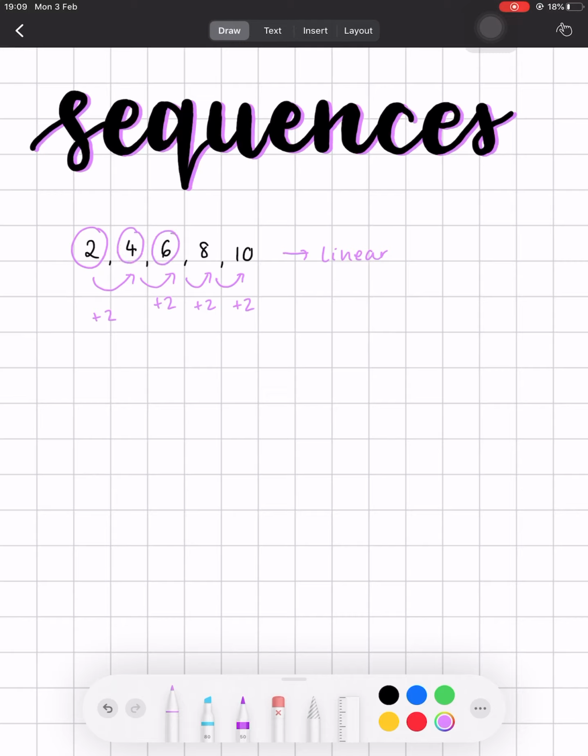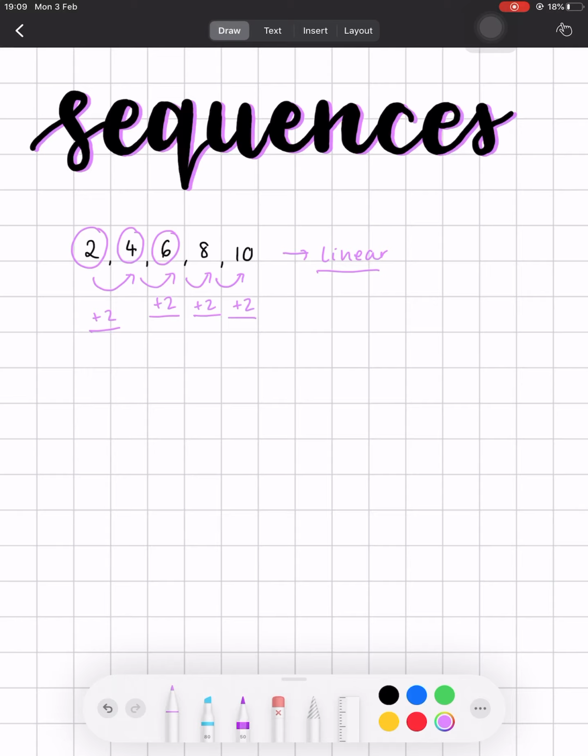It's linear because each term has the same rule in between, so each term we add 2 like this, and because we're adding 2, it's called a linear sequence because it's the same. But if, say for example, it's 2, then 4, then 8, multiplying each time, that would be a different sequence. That would be called geometric. So we're not going to move on to geometric, we're just going to look at linear today.